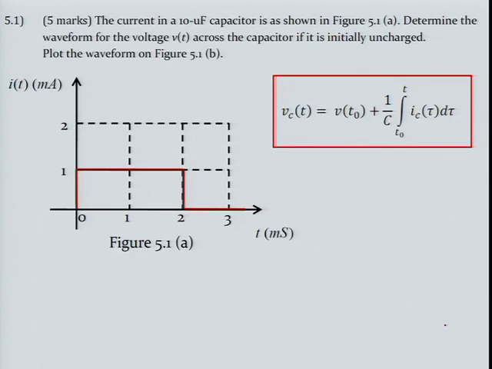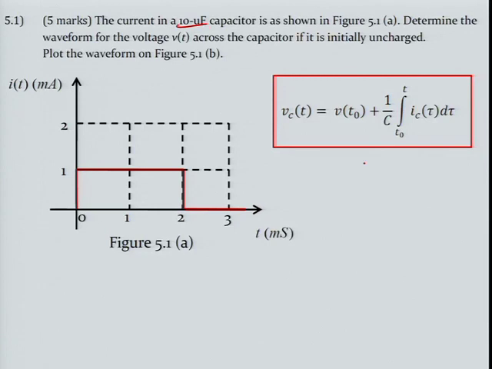And that's what this one does. You're given the current waveform and told you're going through a 10 microfarad capacitor, and you want to find the voltage. Given the current, find the voltage.